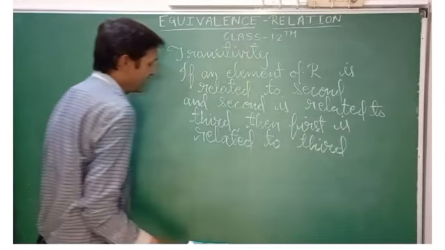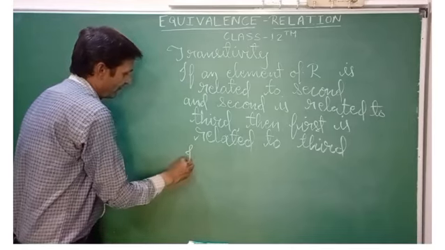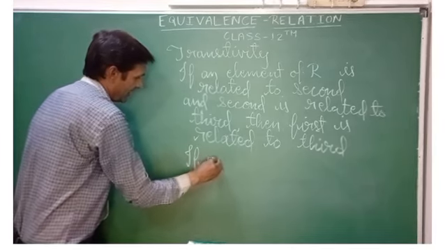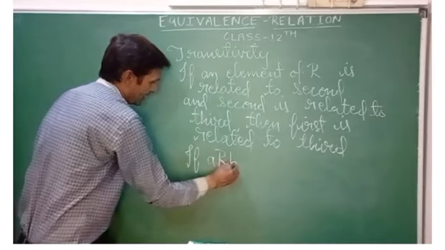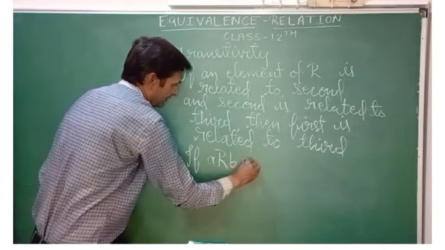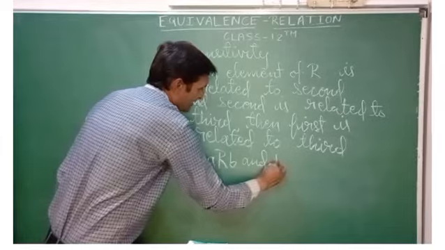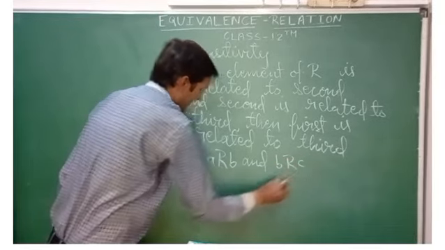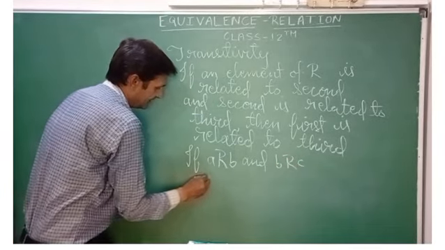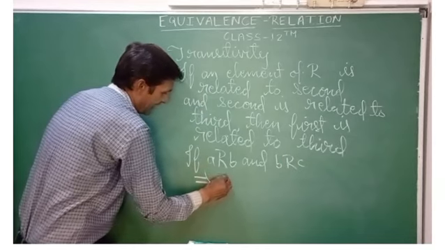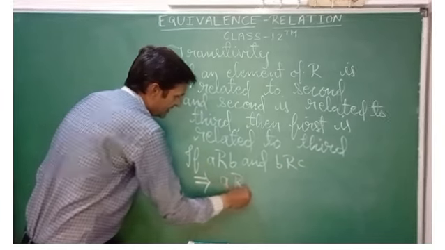Means here what we can say, if a is related to b and b is related to c, it implies that a is related to c.